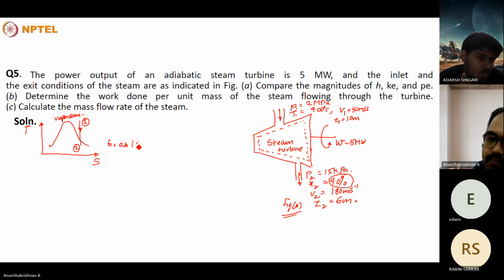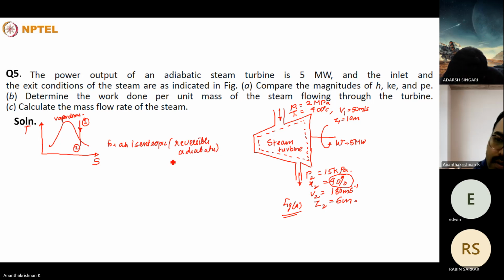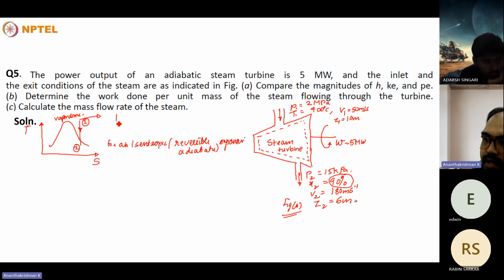So initially the point 1 will be at maybe pressure 2 megapascal and temperature 400 degrees Celsius.